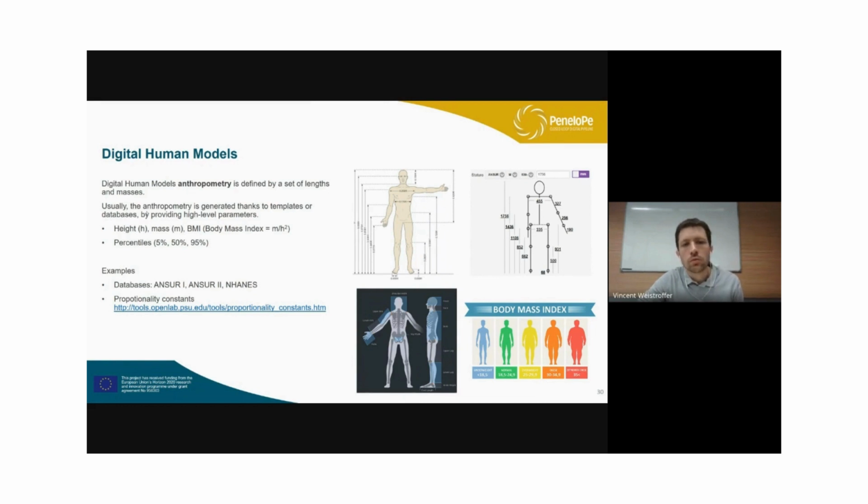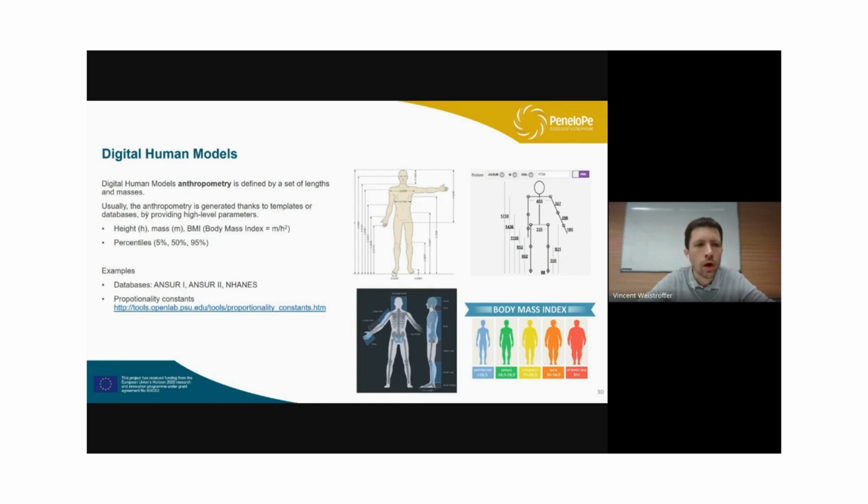Usually what we do in simulation for defining a digital human model is that we use templates and databases in order to generate an average digital human based on different high-level parameters. These high-level parameters can be the total height of the human body, the total mass of the human body, or the body mass index. The body mass index describes if you're underweight or overweight.